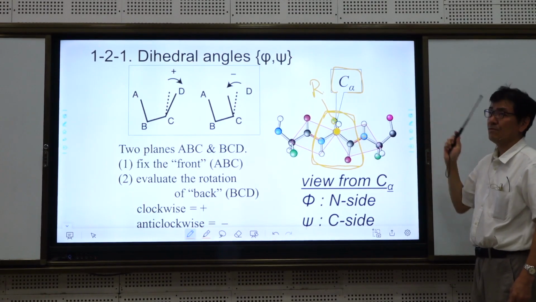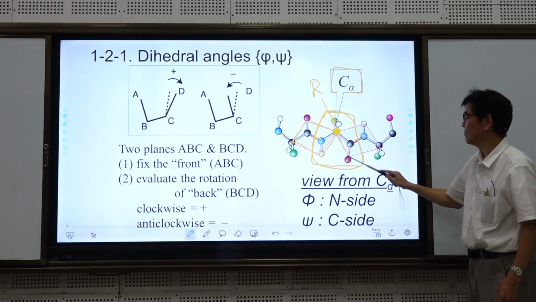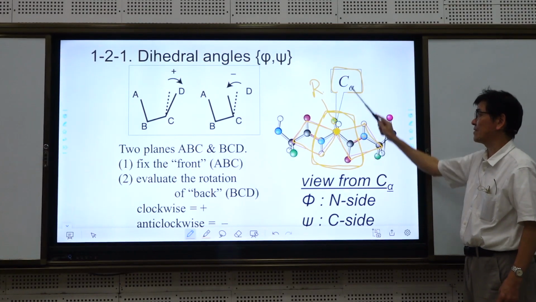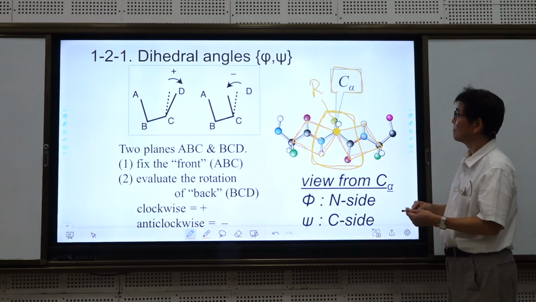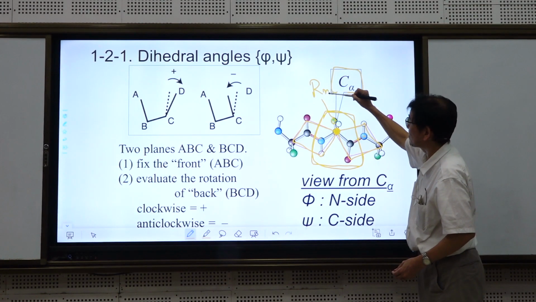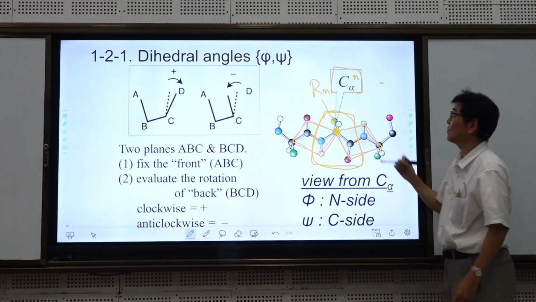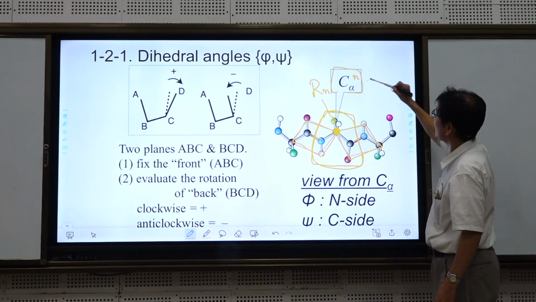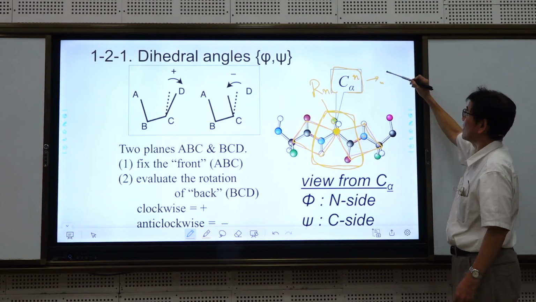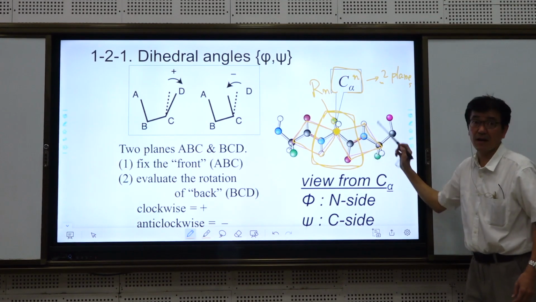And from this consideration, we can set two planes that flank C alpha. So let's consider this is the nth amino acid, then this is the nth carbon alpha. For this carbon alpha, we can define two planes.